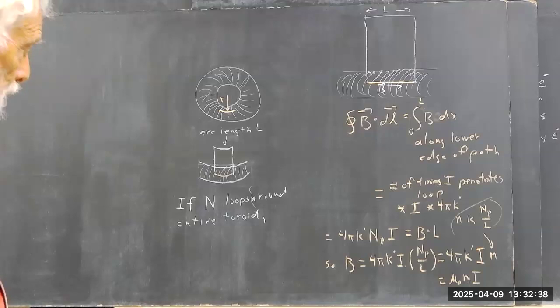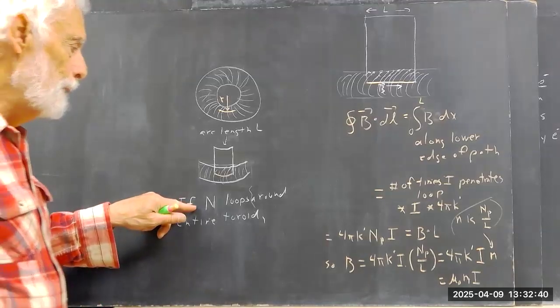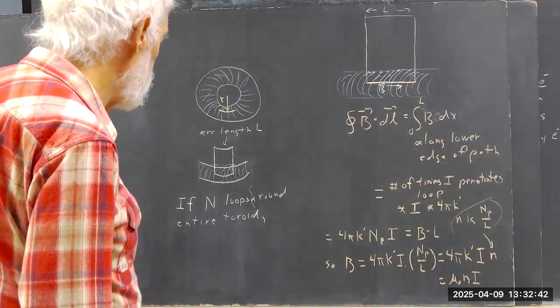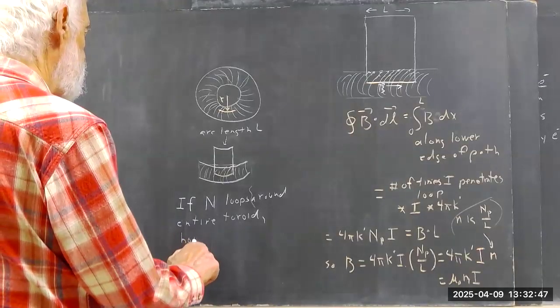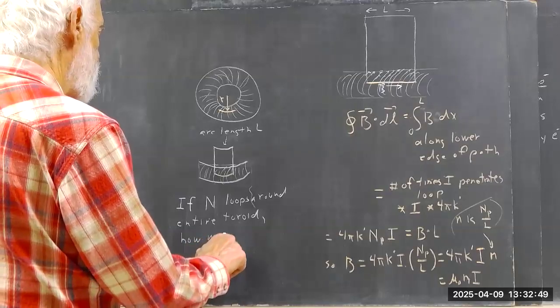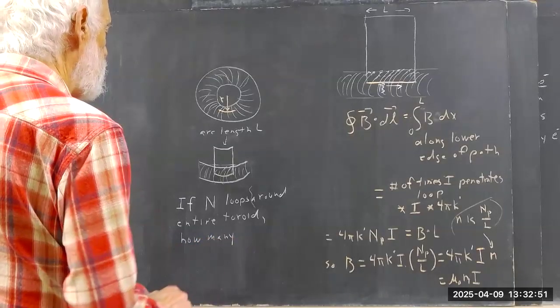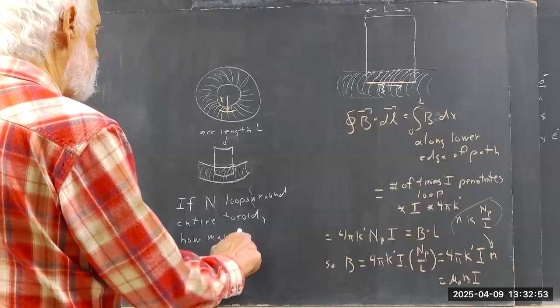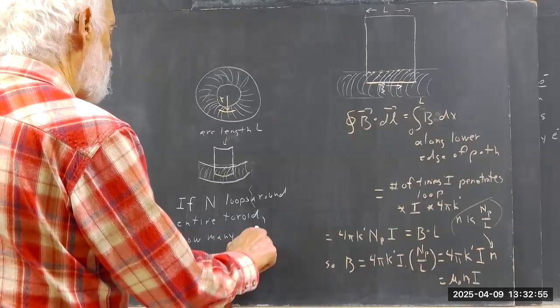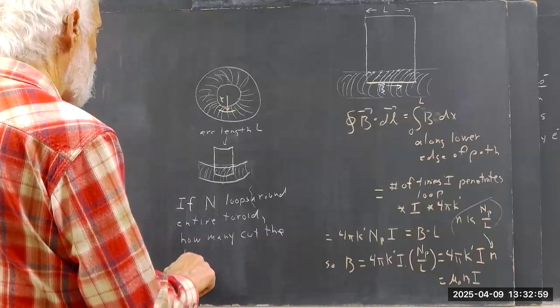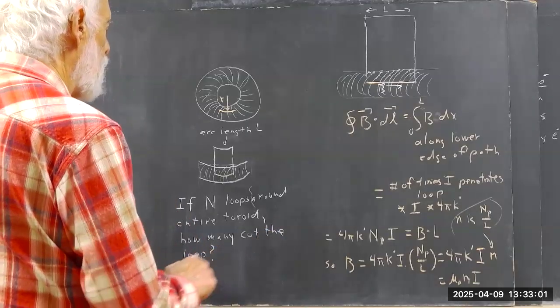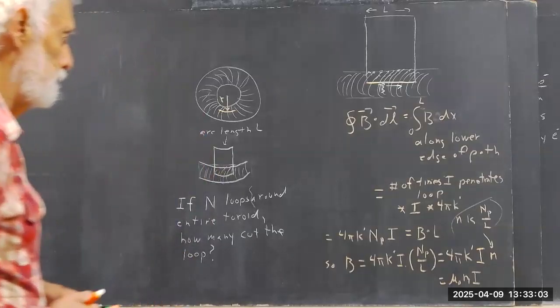Okay, apologize for that, I should have. But if there are capital N loops around the entire toroid, how many of them cut this loop?